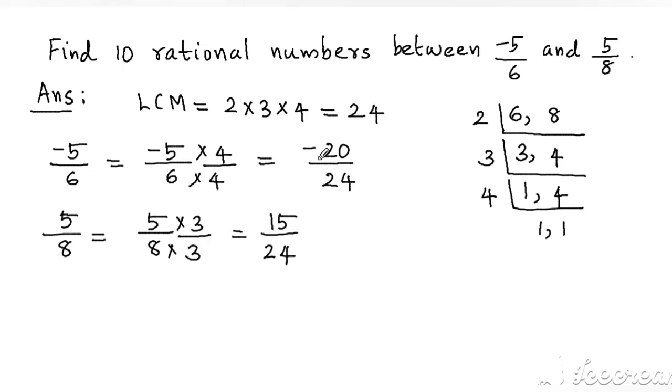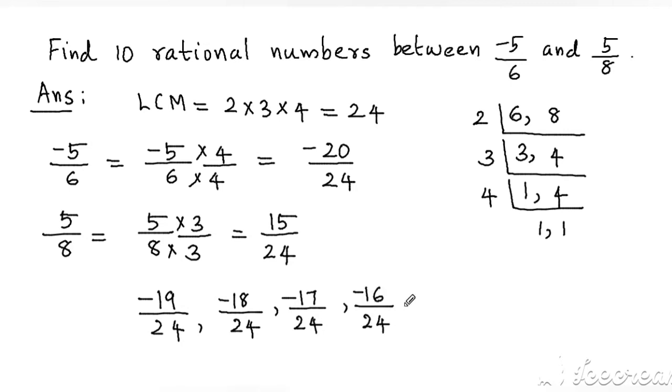So you can see there are so many rational numbers in between these two rational numbers. We have to write only 10 of them. So we can see negative 19 by 24, negative 18 by 24, negative 17 by 24, negative 16 by 24, negative 15 by 24, negative 14 by 24, negative 13 by 24, then negative 12 by 24.